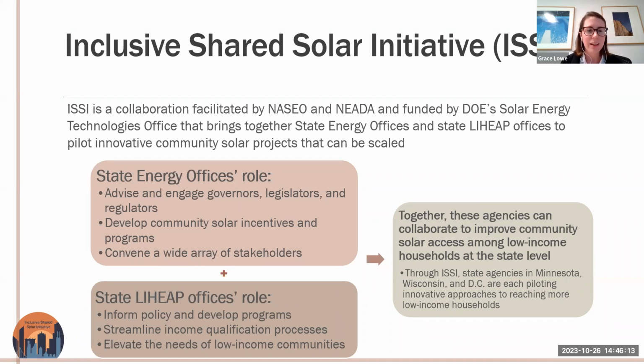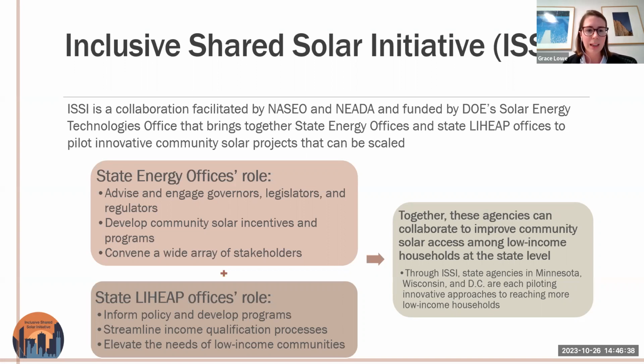And so we really want to help states harness some of the unique expertise and roles and networks of each of these state agencies to really scale community solar and ensure that it's not a premium program that only some households can access. So just a little background on state energy offices.